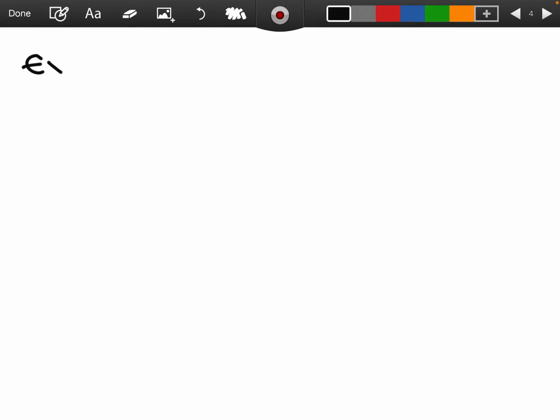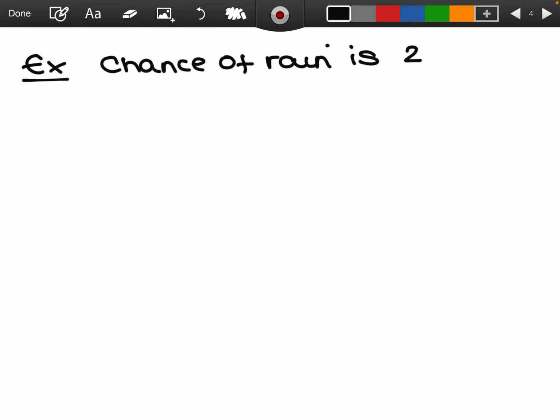Let's do a couple examples here. So in this example, I'm going to look at the chance of rain. Let's say that they've told you that the chance of rain today is 2 to 5. Okay.